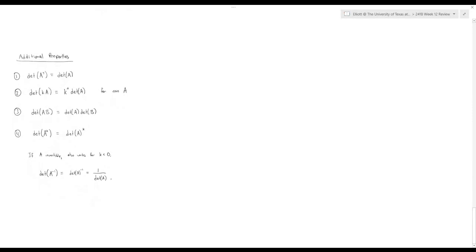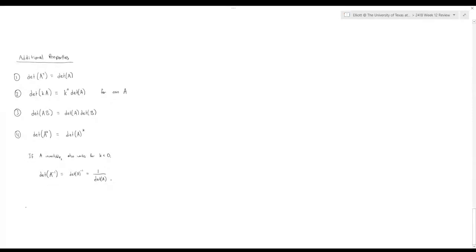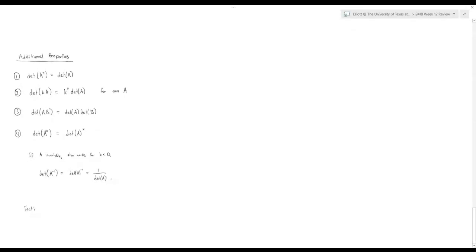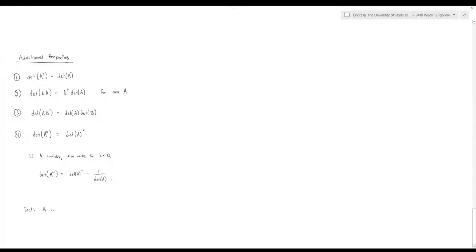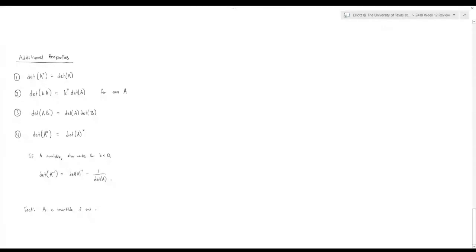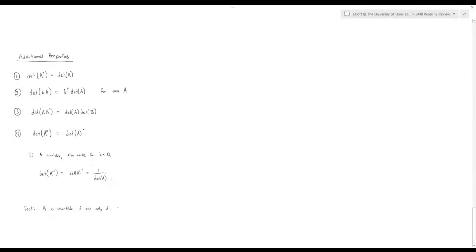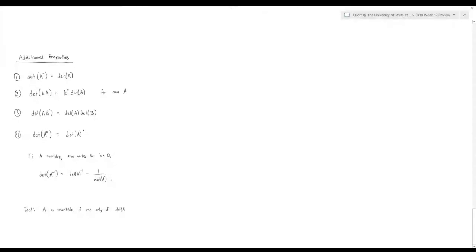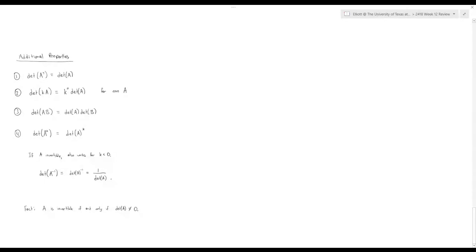And I'll also mention a comment on this as well. So it's a fact that a matrix will be invertible if and only if its determinant is non-zero.